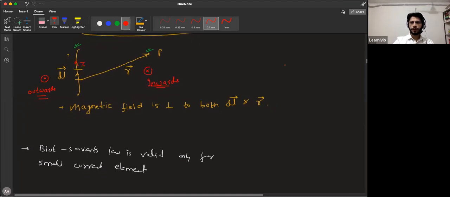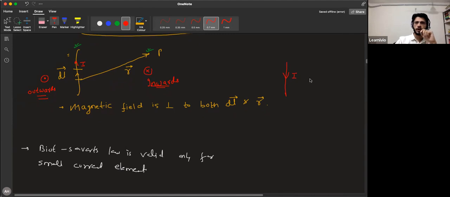Okay, just tell me, if I say that current is going in the downwards direction, what will be the sense of the magnetic field? Would it be clockwise or anti-clockwise? Clockwise. Right, it would be clockwise.